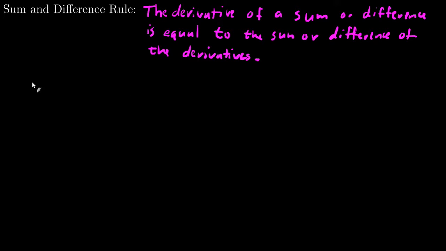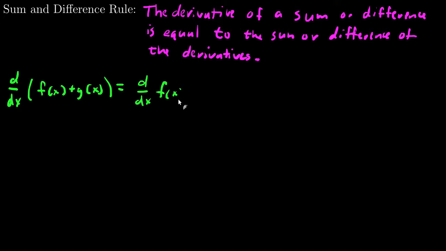So in algebraic notation here, the derivative with respect to x of a sum of two functions, f of x plus g of x, is equal to the derivative of f of x plus the derivative of g of x.